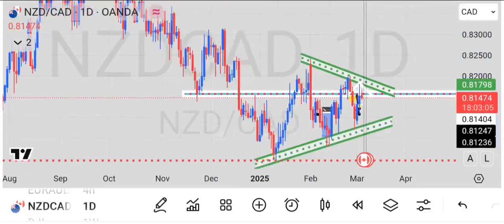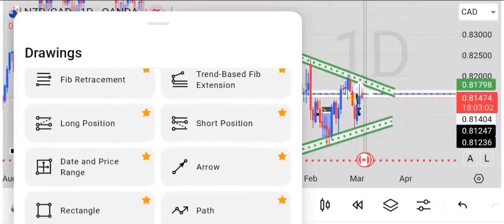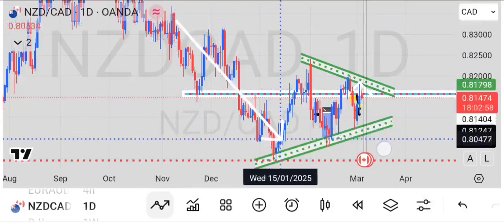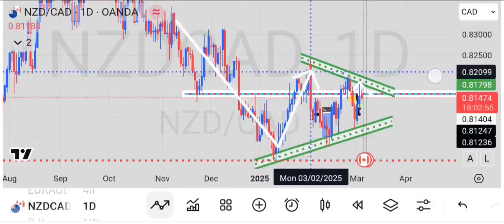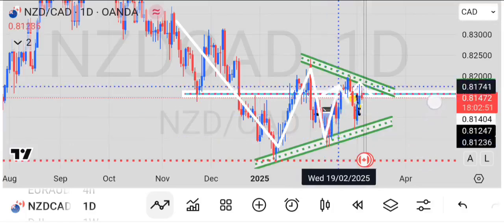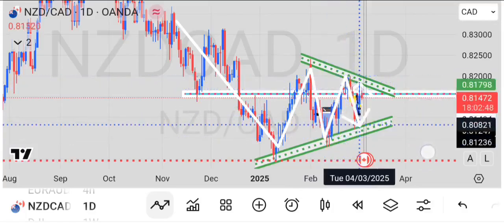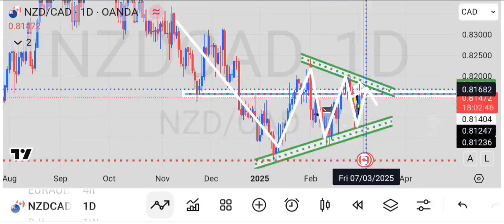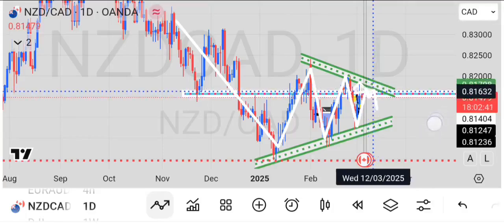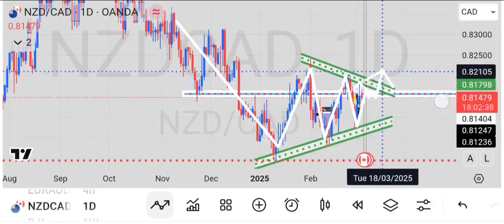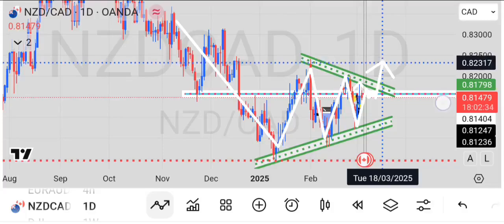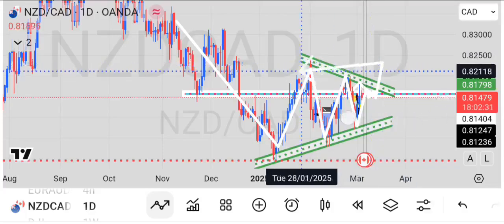A symmetrical triangle comes with lower highs and higher lows. Okay, lower high and higher low, lower high and higher low. A symmetrical triangle contains lower highs and higher lows.